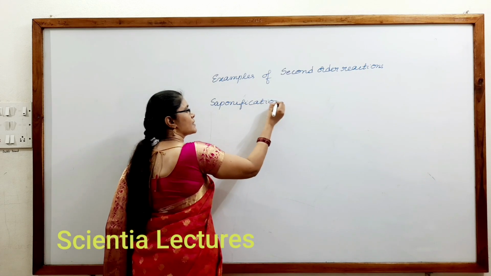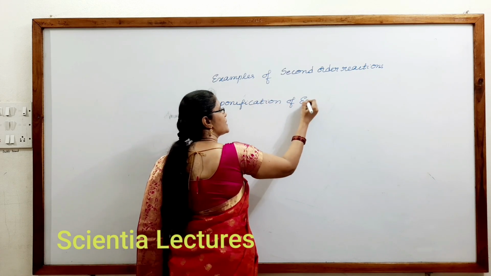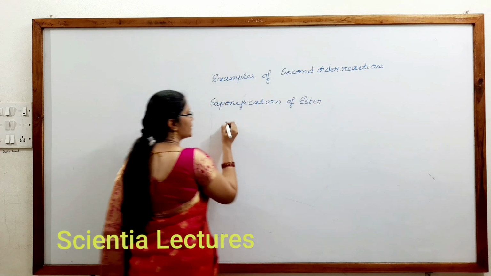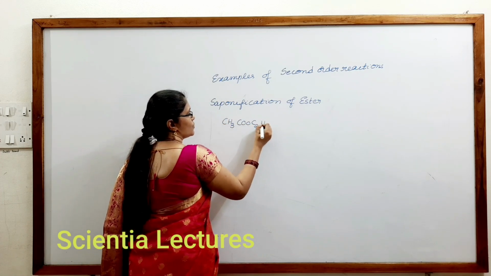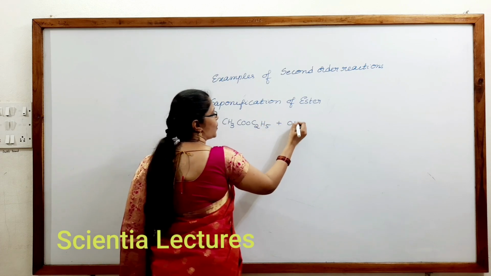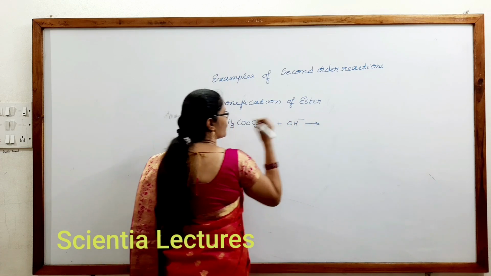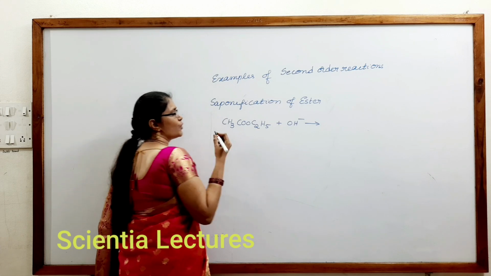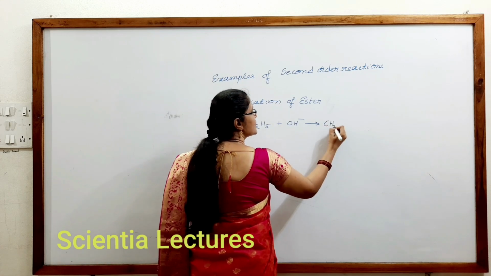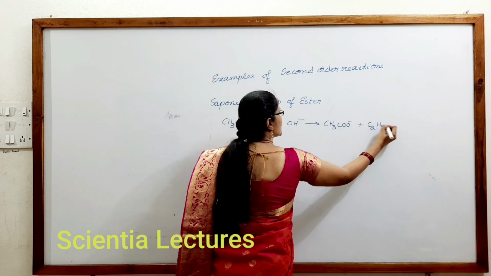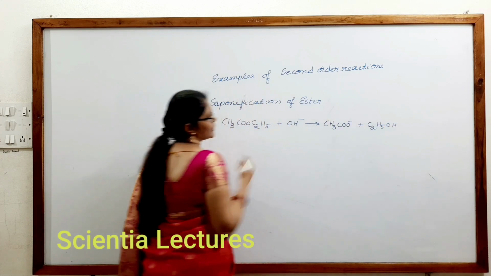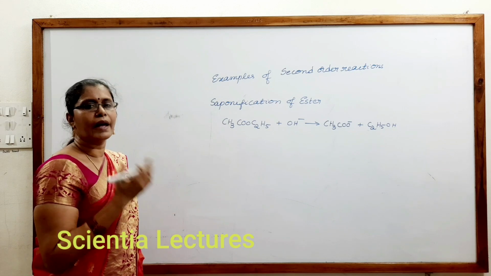So what is saponification of ester here? CH3COOC2H5 plus OH minus in the presence of an alkali produces CH3COO minus plus C2H5OH. The mechanism for this reaction we learn in organic chemistry.